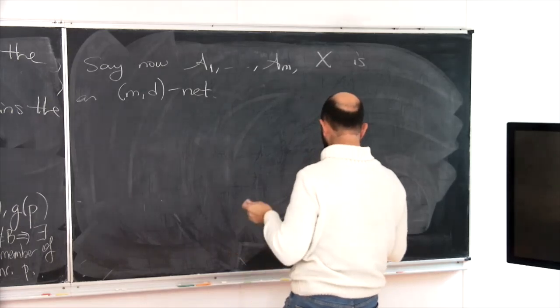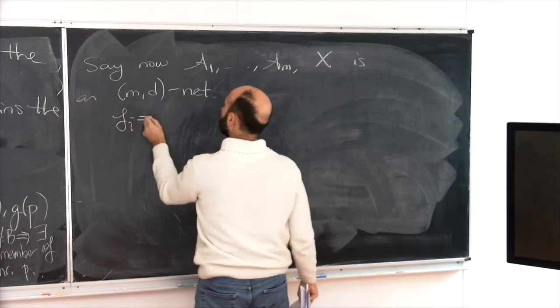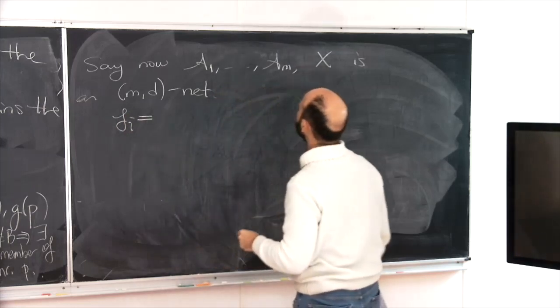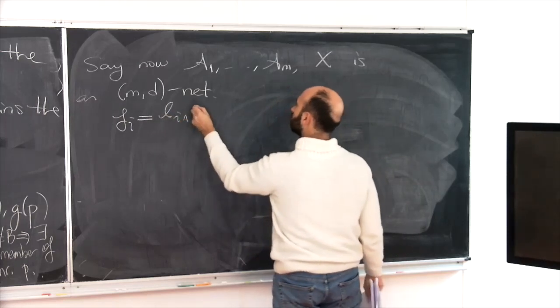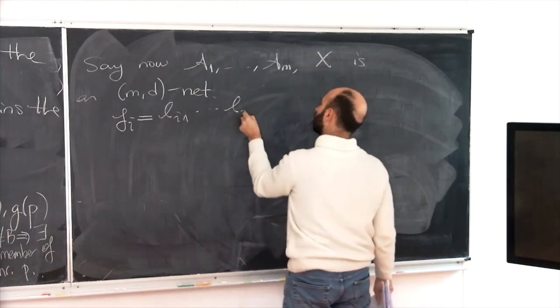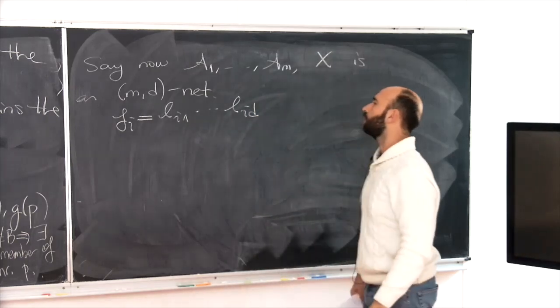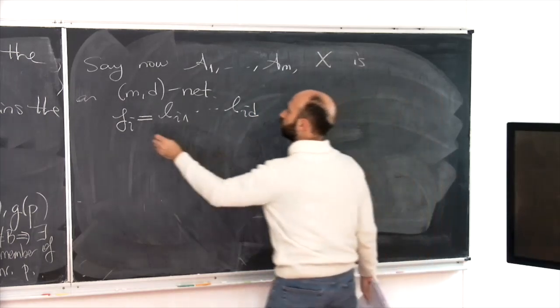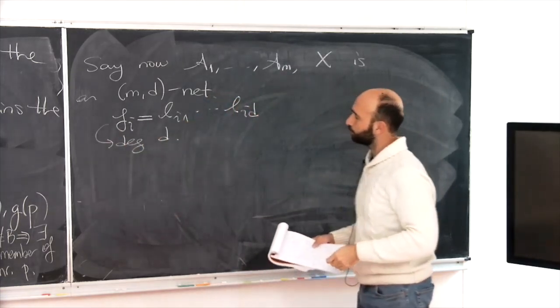Now I want to write some polynomials, so let Fi be the product of the line equations inside Ai. So Li1 times Li d, there are d of them. So this is then a polynomial of degree d.